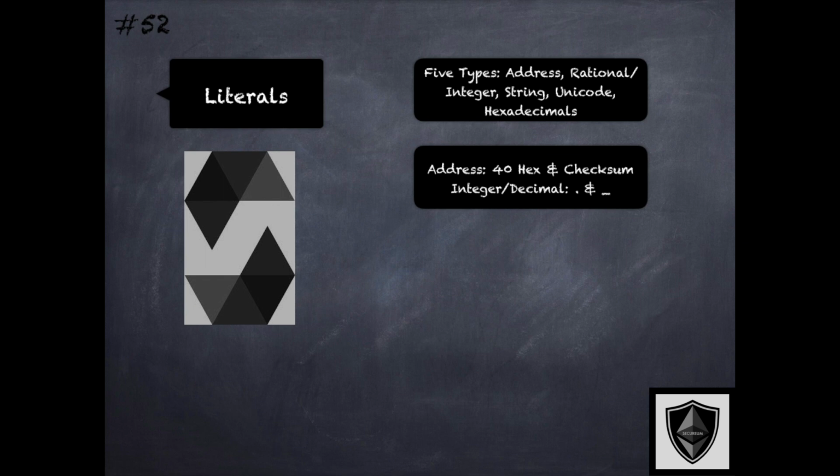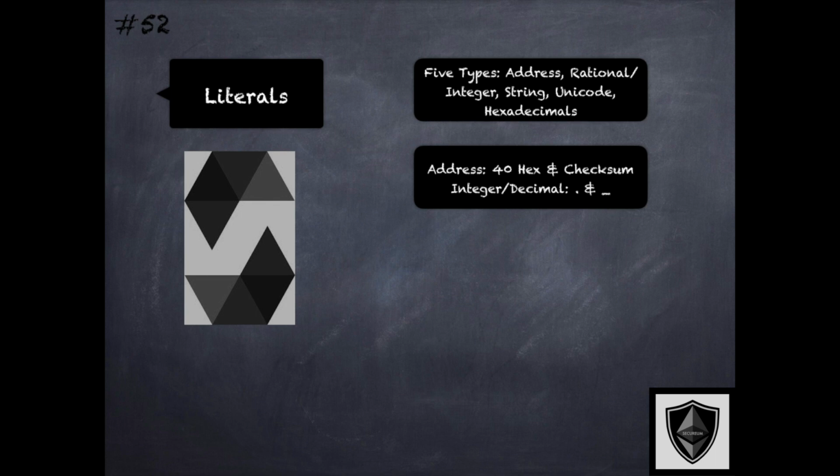Recall that Ethereum addresses are 20 bytes in length. So in the case of the hexadecimal address representation, every nibble in that address, so half a byte, is represented by a hexadecimal character. So this results in the address literal having 40 characters, 2 for every byte.